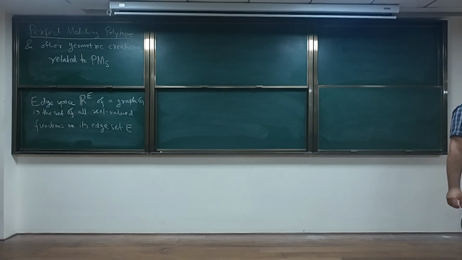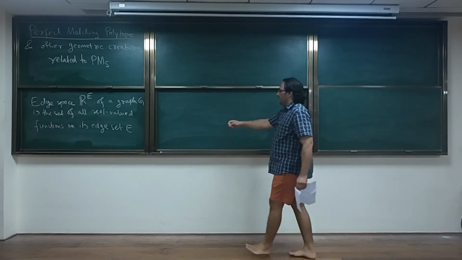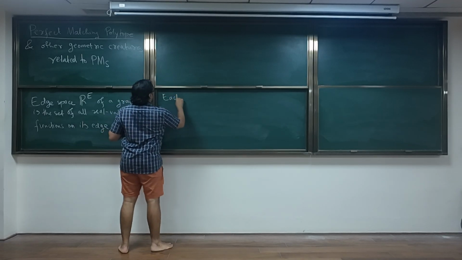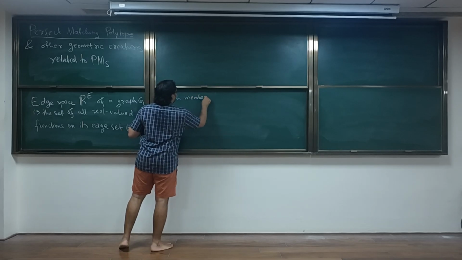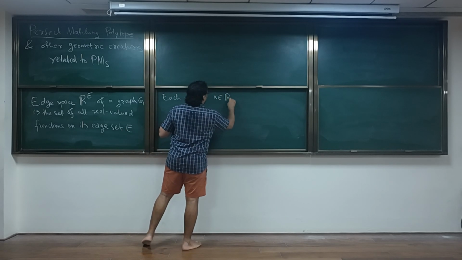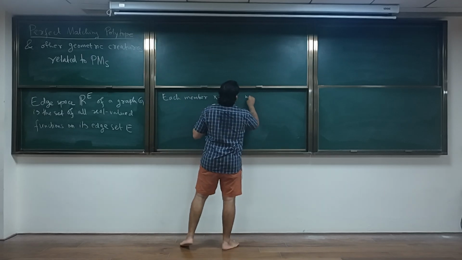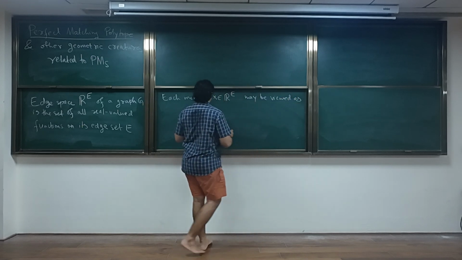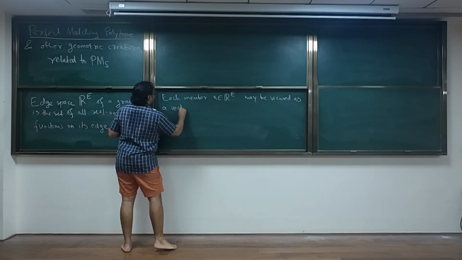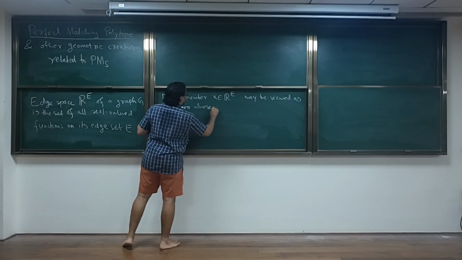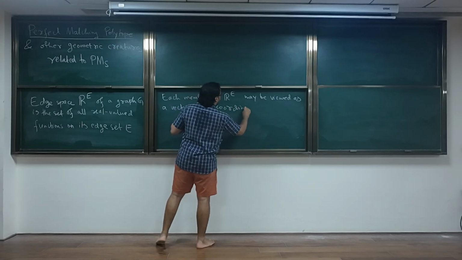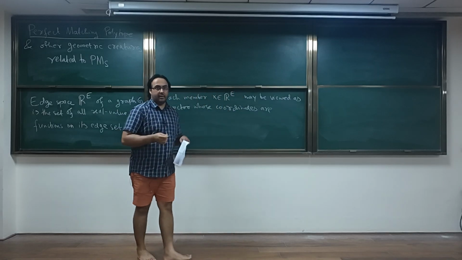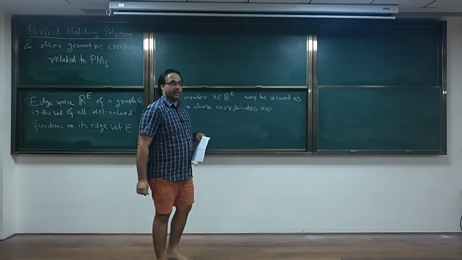Every element of this may be viewed as a labeling of the edges by real numbers. Equivalently, you may think of each member as simply a vector whose coordinates are indexed by the edges of the graph.